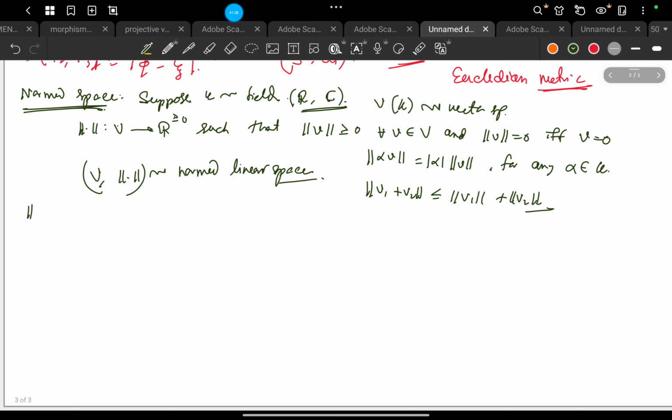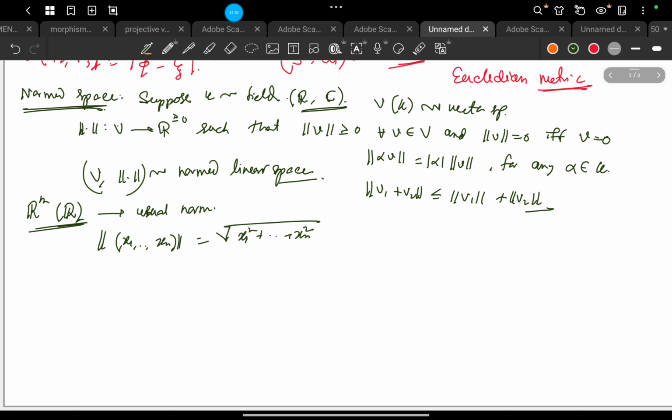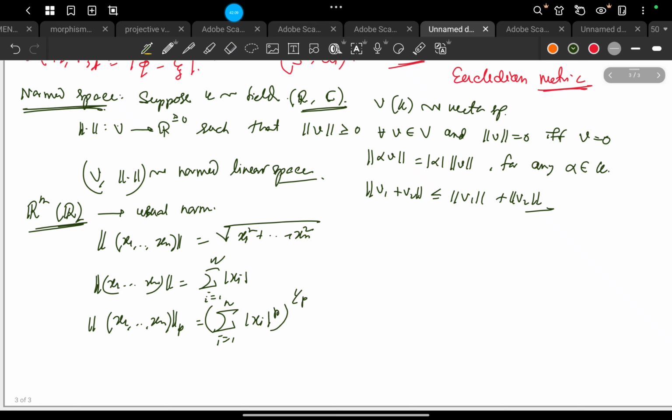As an example, suppose we have Rn, a vector space over R. There are the usual norm, that is the norm of x1 to xn is equal to the square root of x1 square plus up to xn square, or let's say we have the one norm, which is the sum over mod of xi, i equals 1 to n, or any p norm, that is the norm of x1 to xn is equal to the sum over i equals 1 to n of mod xi to the power p, whole to the power 1 by p.